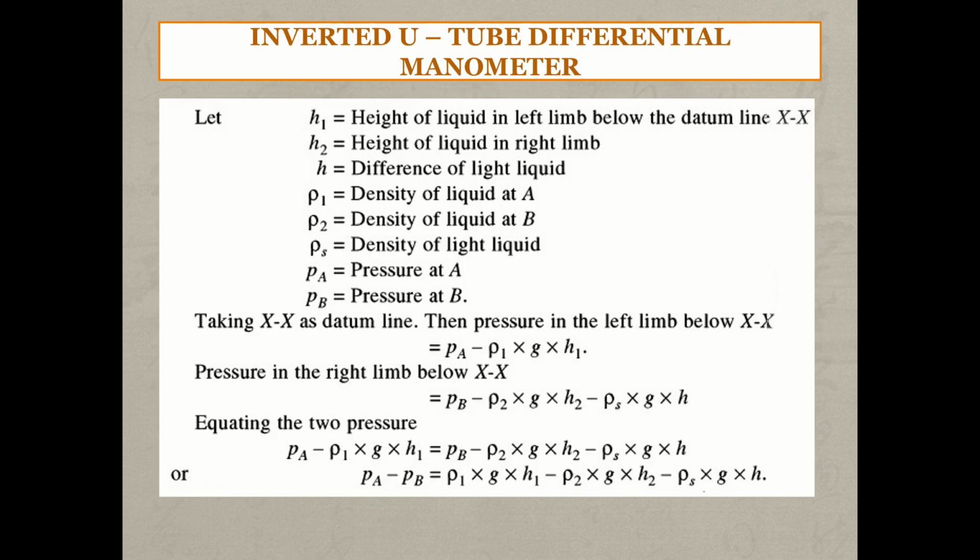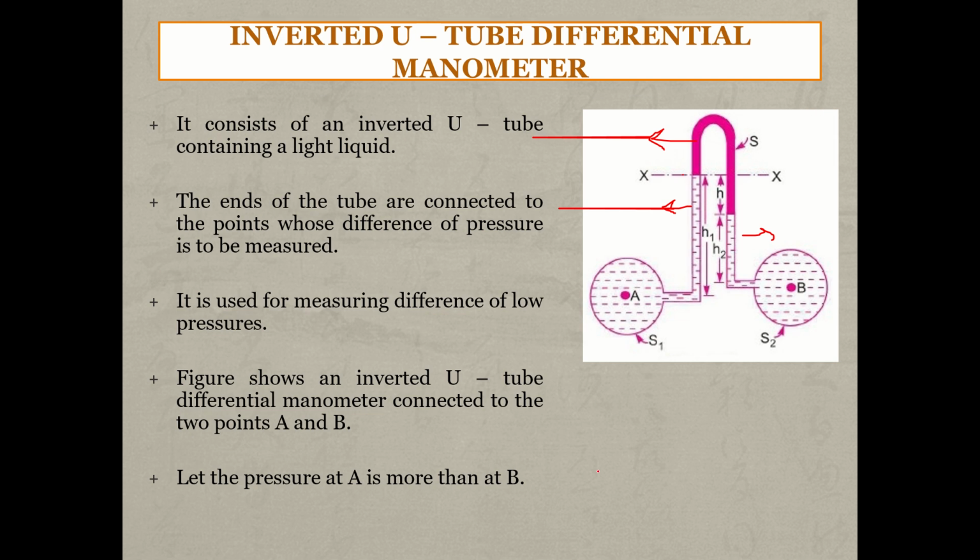So the pressure in the left side will be equal to Pa minus rho 1 g h1, because the pressure at A is Pa, and the datum is upward.